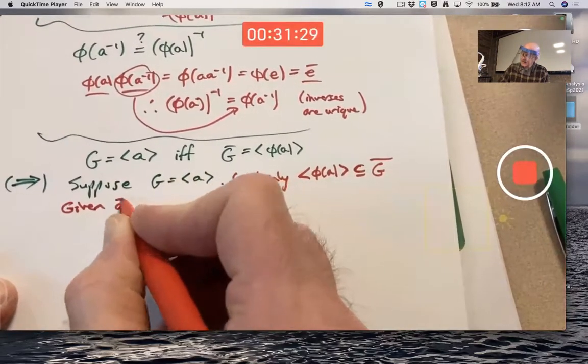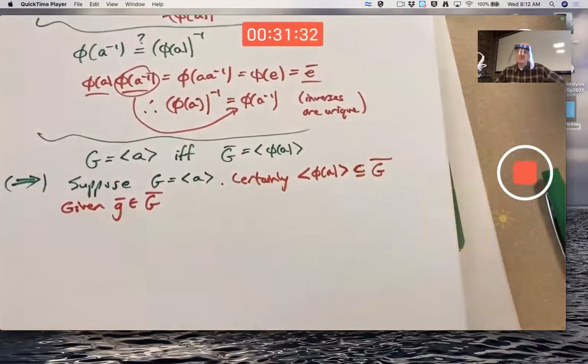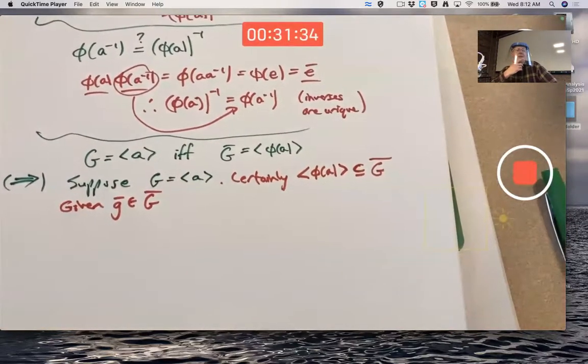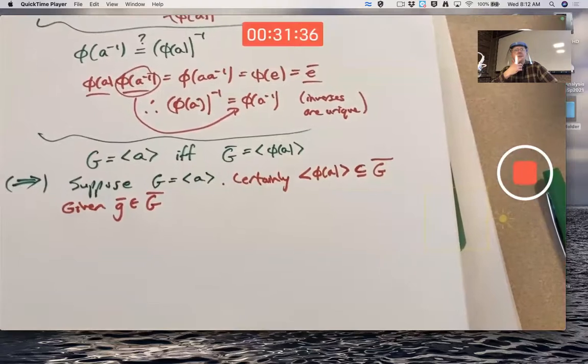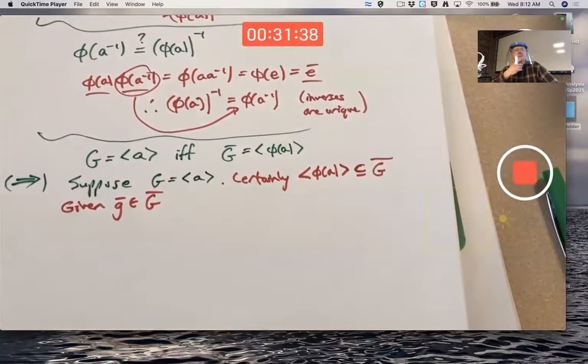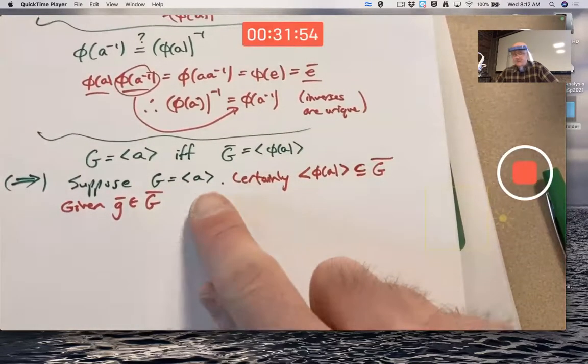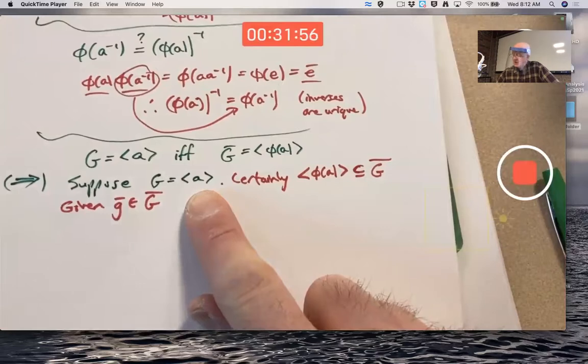Given little g bar in capital G bar, is it a power of phi of A? Hopefully you're at the point where this kind of thing clicks that all you need to do is use what you're assuming. And you have to use that. There's no other way to do it. We need to use what we're assuming there, that all the elements of G are powers of A, and use the fact that phi is an isomorphism.